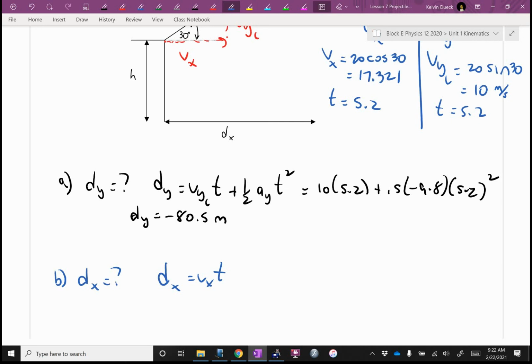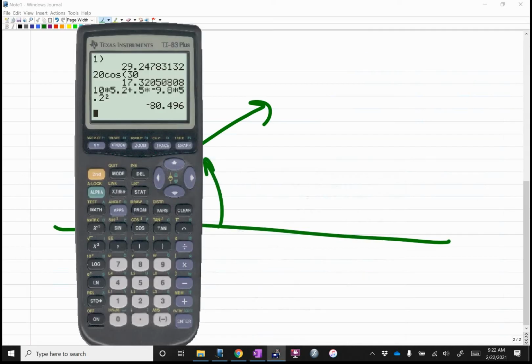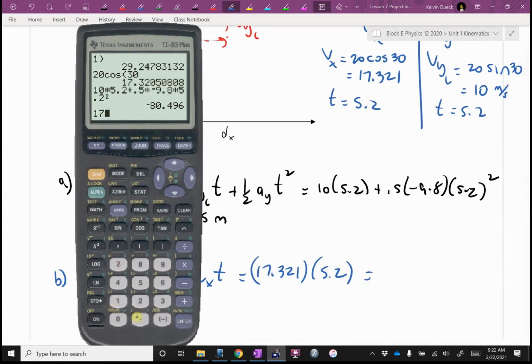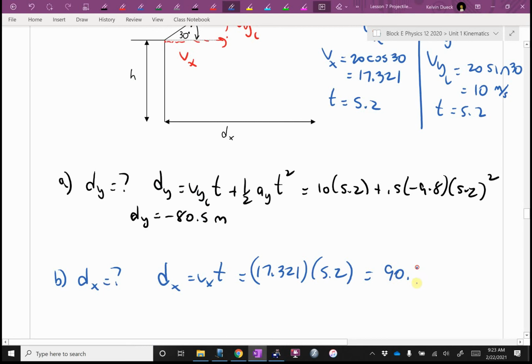Don't do that. It's going to be 17.321 times 5.2. Y'all get 90.1 meters.